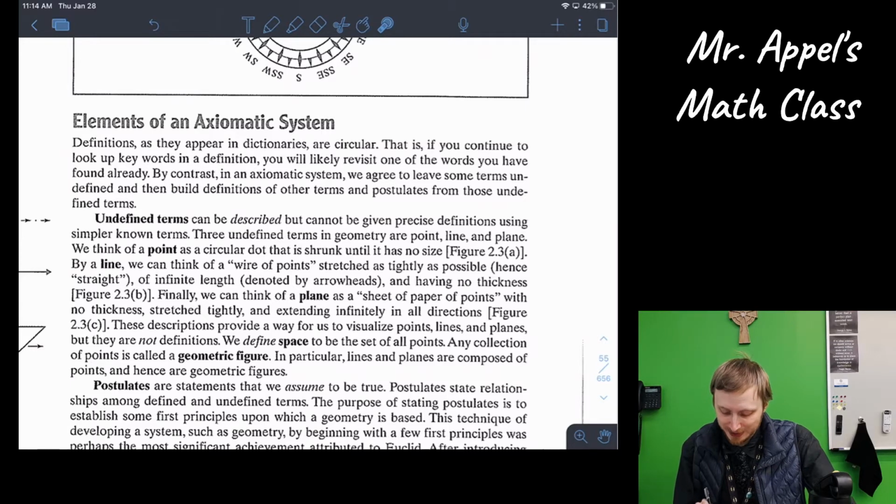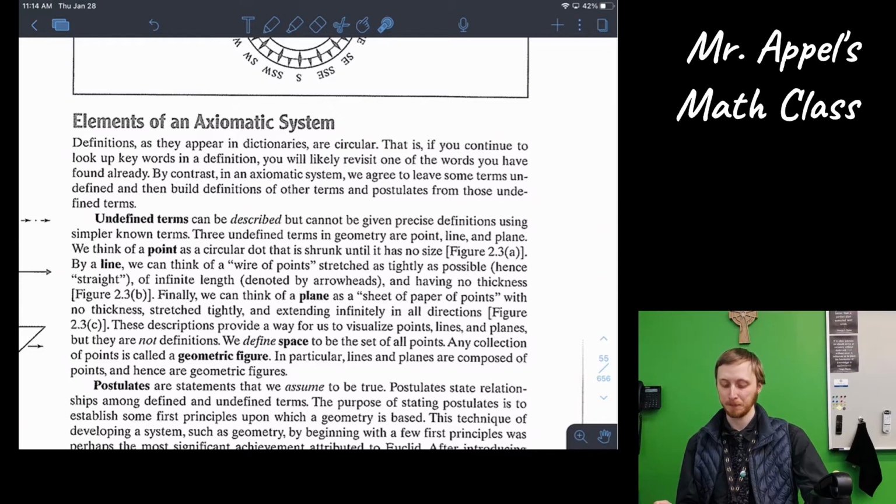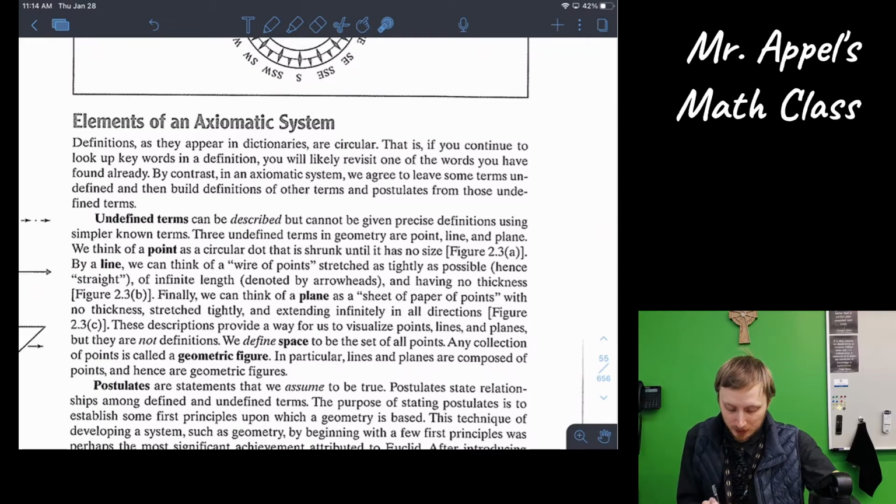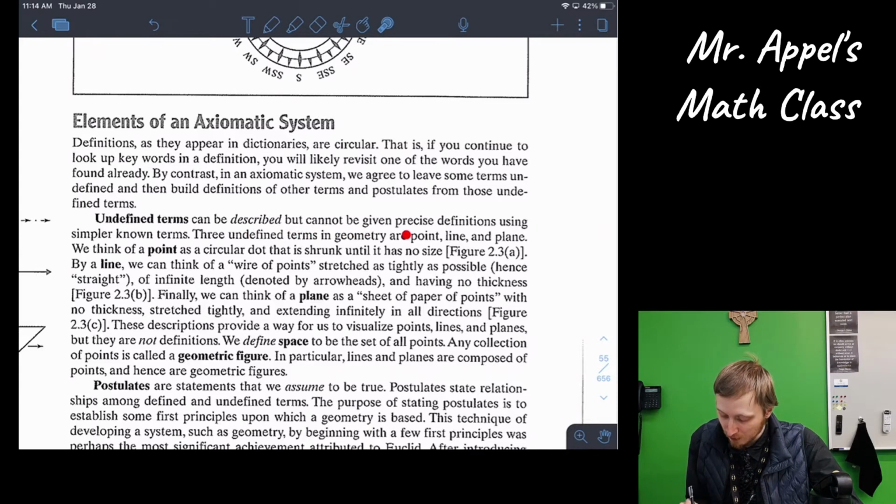By contrast, in an axiomatic system, we agree to leave some terms undefined and then build definitions of other terms and postulates from those undefined terms. The undefined terms can be described but cannot be given precise definitions using simpler known terms. Okay?